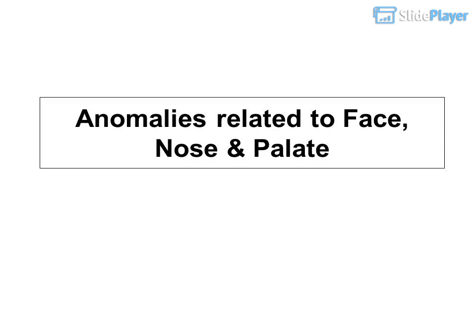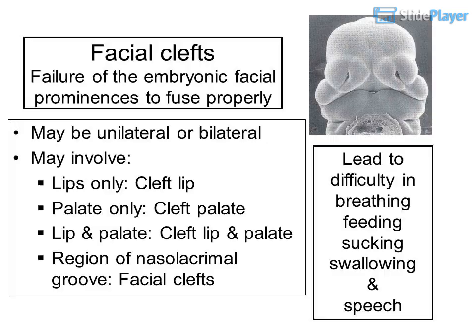Anomalies related to face, nose, and palate lead to difficulty in breathing, feeding, sucking, swallowing, and speech. Facial clefts result from failure of the embryonic facial prominences to fuse properly. They may be unilateral or bilateral. They may involve the lips only, cleft lip; the palate only, cleft palate; or lip and palate, cleft lip and palate.